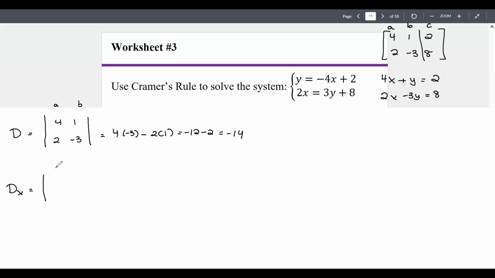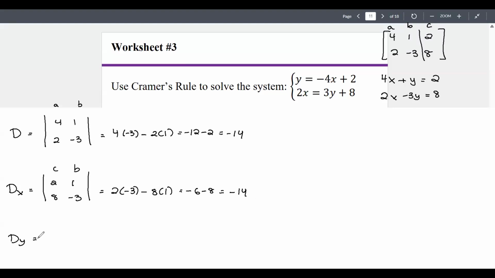Dx, that's my C's and my B's. So that is going to be 2, 1, 8, -3. So 2 times -3 minus 8 times 1, that is -6 minus 8. So negative 14 again.